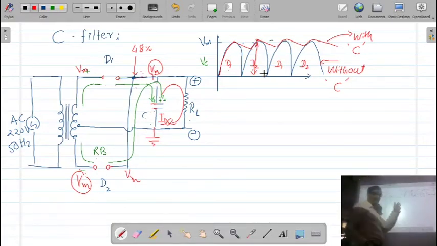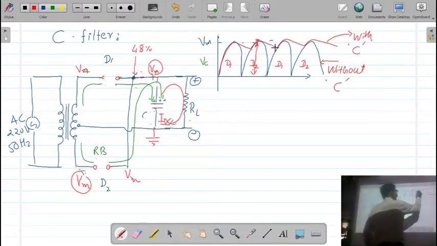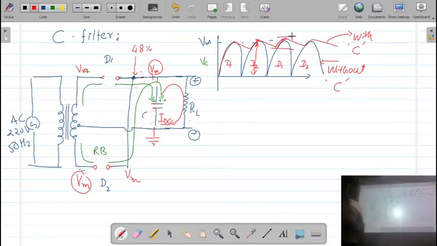So there is a large variation. But after introducing the capacitor, the variation across this, or the output voltage, is only this much. So the variation in the voltage is decreased. It means the AC component is decreased, and ultimately the ripple factor is going to be improved.